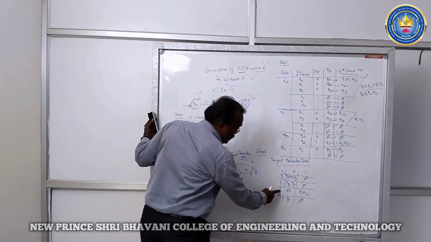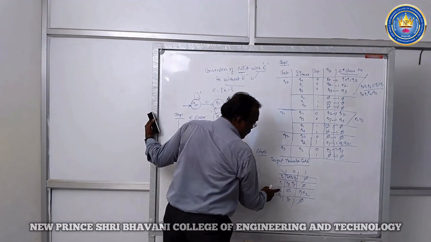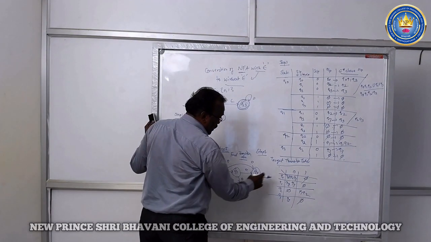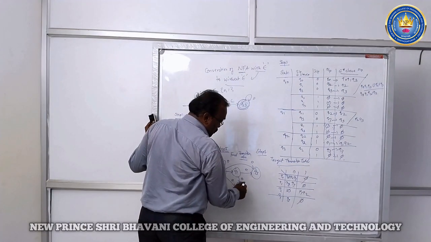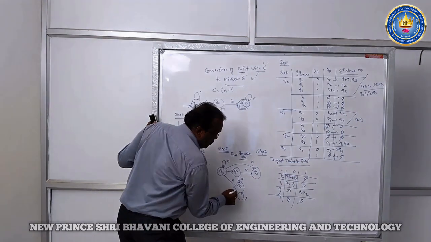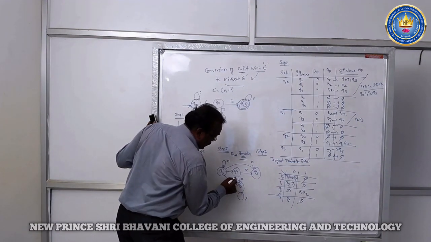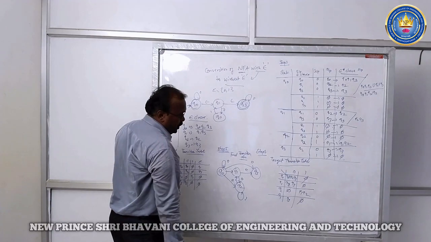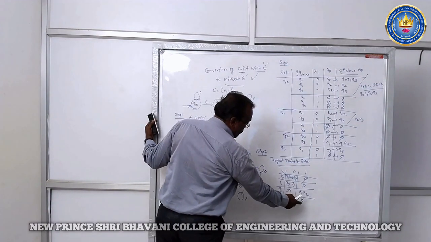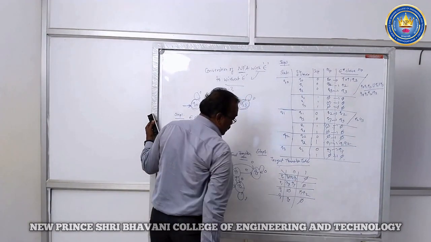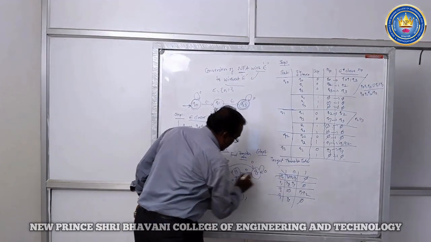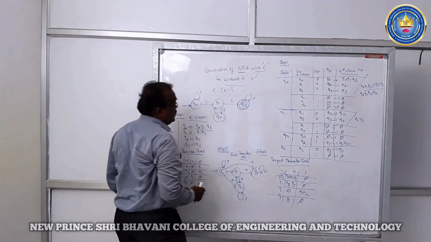Next, for Q2, 0 is also null, and when 1 is applied to Q2, it goes to Q1 and Q2. So if you are applying 1 as an input to Q2, it is a self transition on 1 and it goes to Q1 also on 1. And for Q3 there is a self transition on 0 and no path for input symbol 1. So this is the initial state and this is the final state.